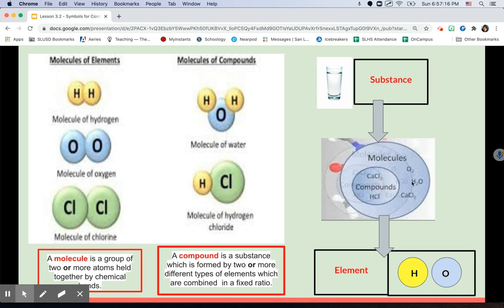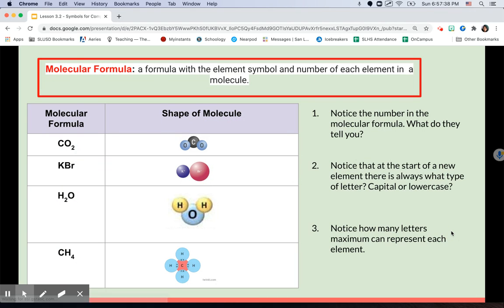And if we used a chemical process or a chemical reaction, we can break down these molecules into their individual elements, right? So H2O here can be broken down into just H or hydrogen and just O, oxygen. So that was a recap of lesson 3.1, a little bit clarified.